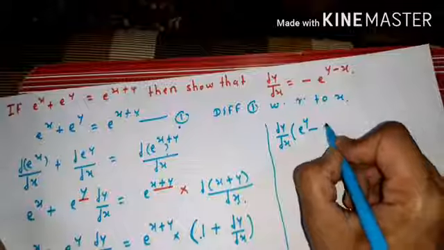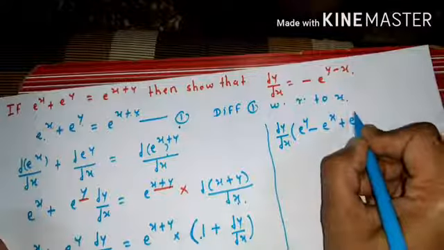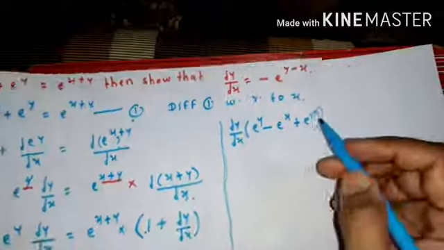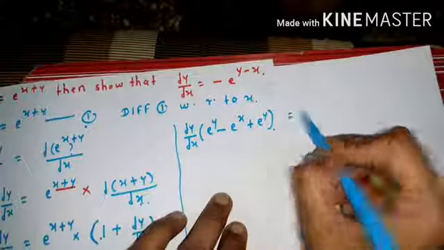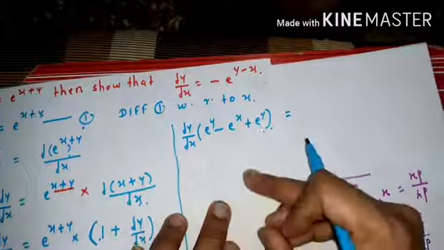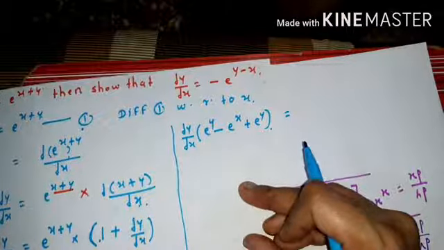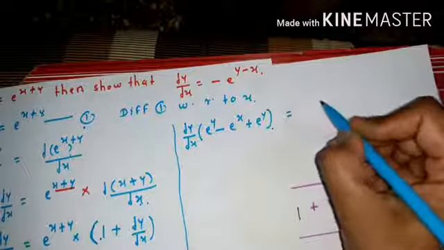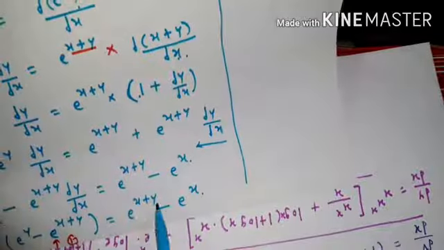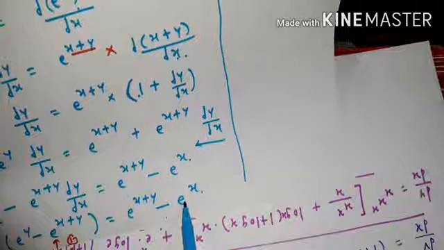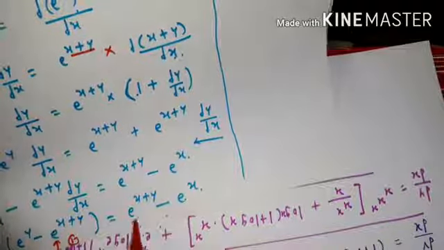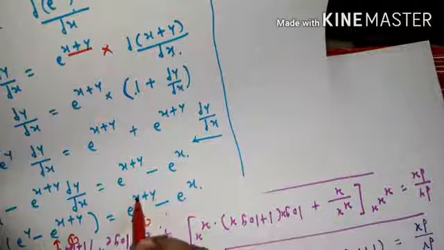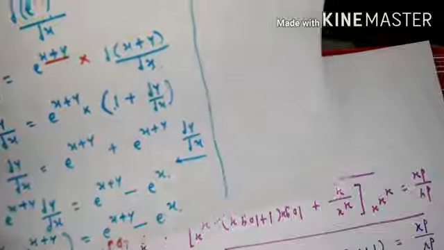This is e raised to x plus e raised to y, and which is equal to e raised to x plus y minus e raised to x. Now the value of e raised to x plus y again from 1 is e raised to x plus e raised to y.